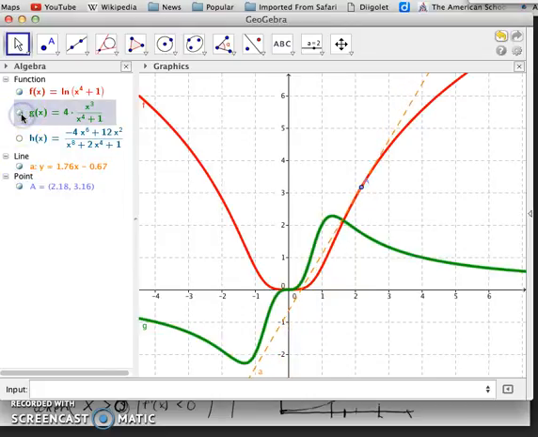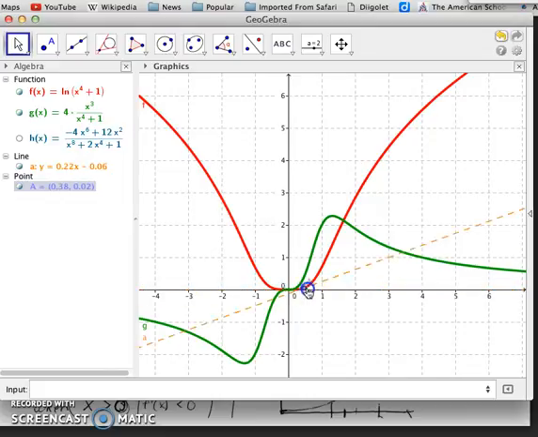Okay, and it's kind of crazy, but this is what the first derivative looks like. So x equals 0, my first derivative is 0. And remember, the green function is the derivative, and the derivative gives you slope.